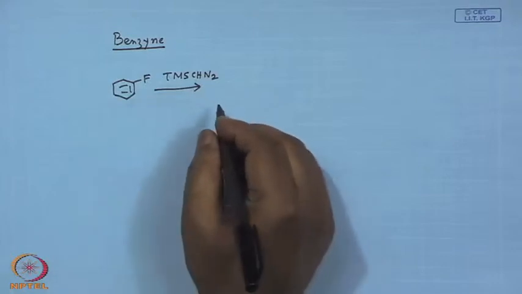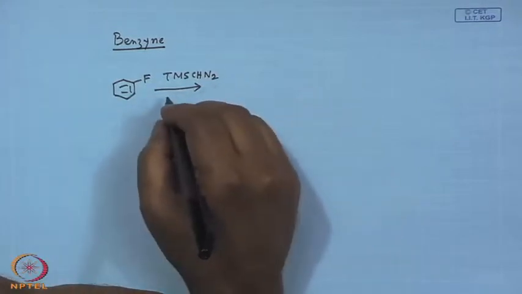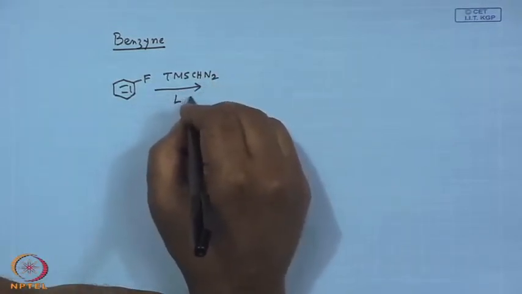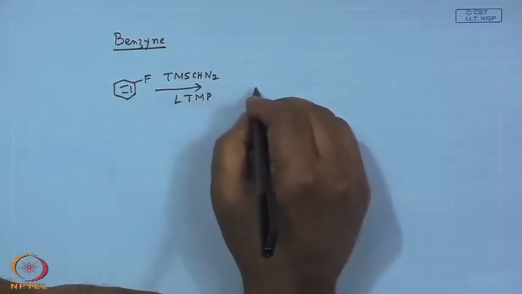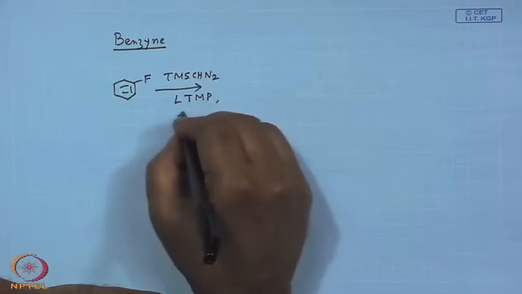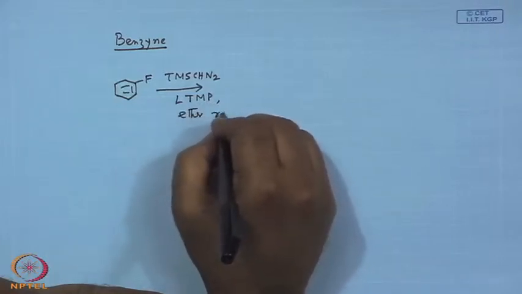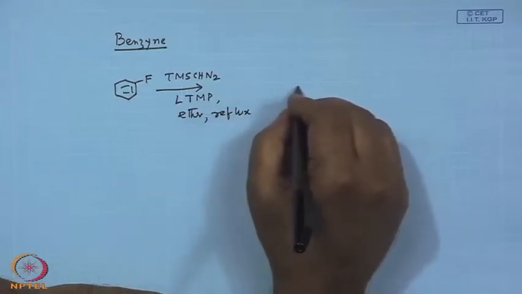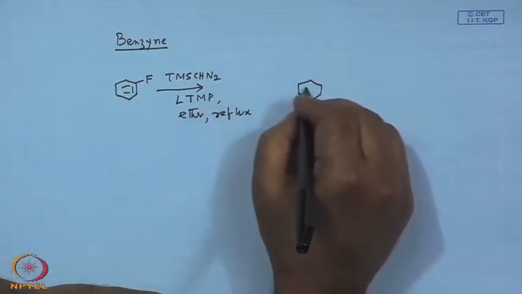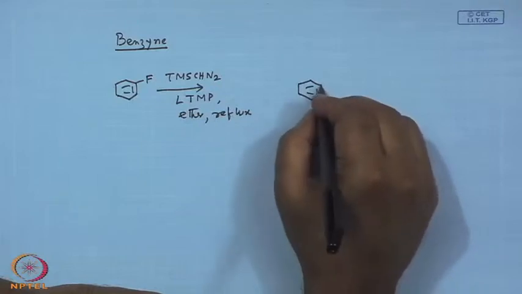TMS diazomethane basically is a substitute of the diazomethane, and then LTMP in ether, and a reflux. Ether reflux means basically 35 degree centigrade, and in one step you will be getting this indazole derivative.